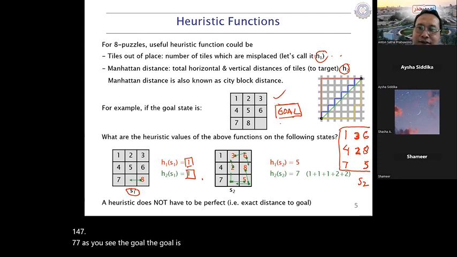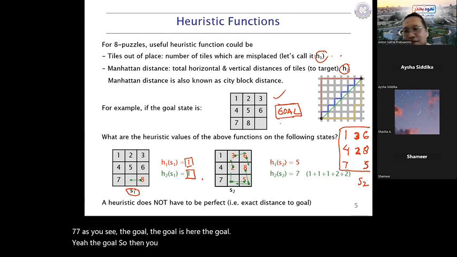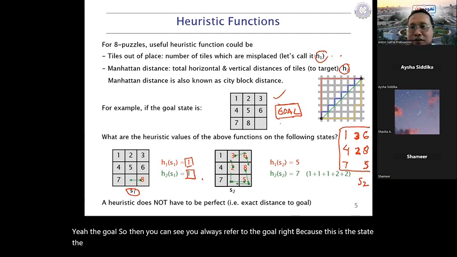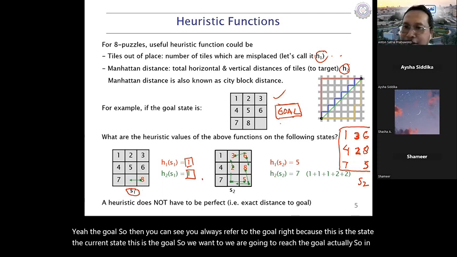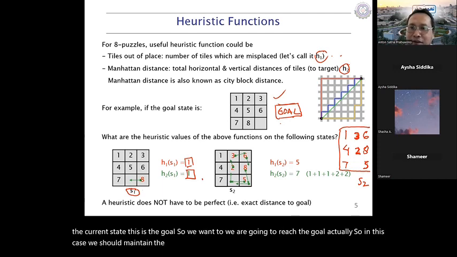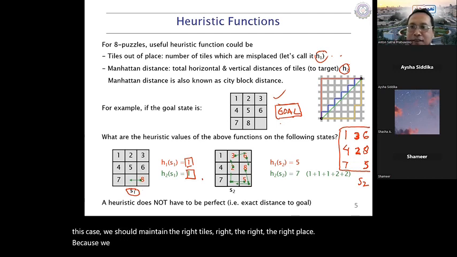You can see you always refer to the goal, because this is the current state and this is the goal. We are going to reach the goal. So we should maintain the right tiles in the right place, because we will move only the wrongly placed ones in the heuristic function.